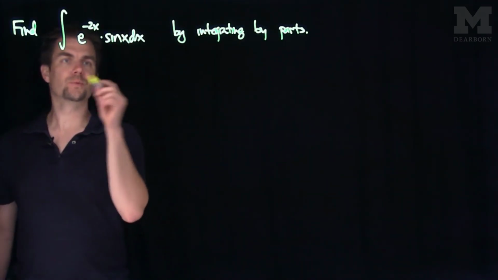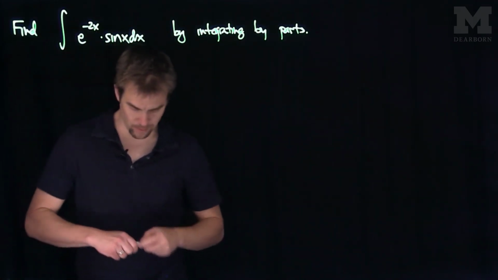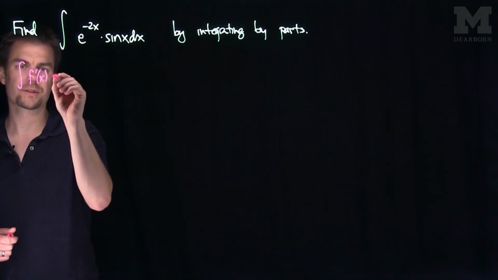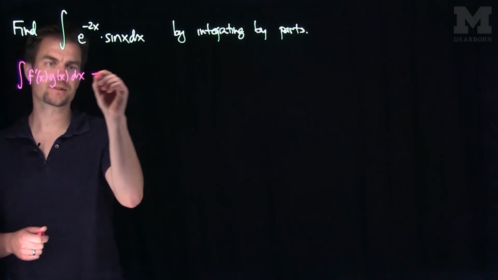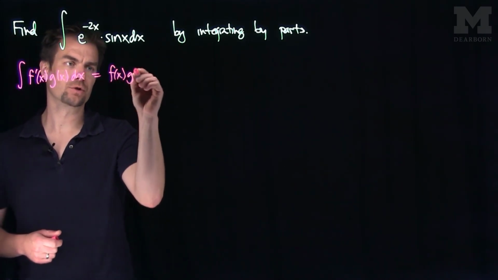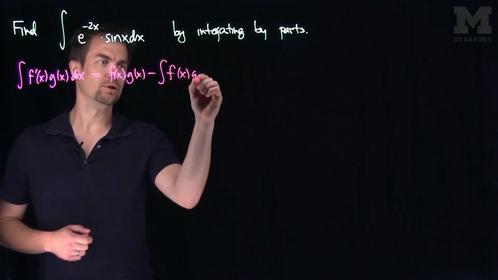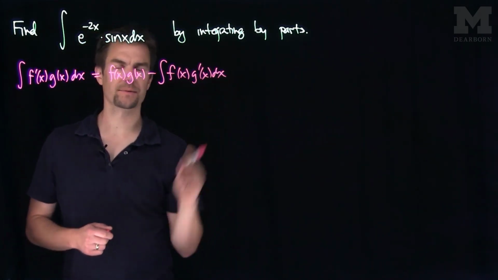Let's recall first our integration by parts formula: the integral of f prime of x g of x dx is f of x g of x minus the integral of f of x g prime of x dx.